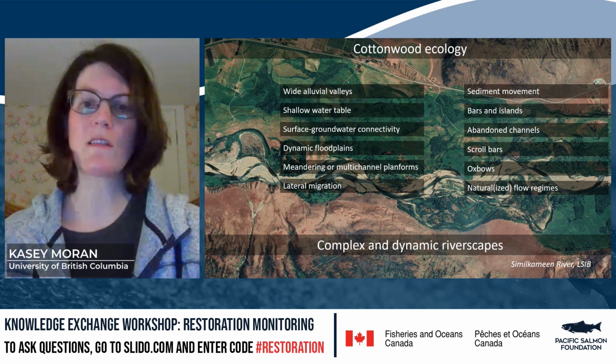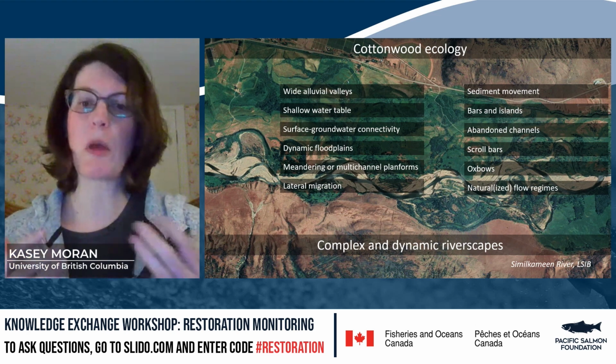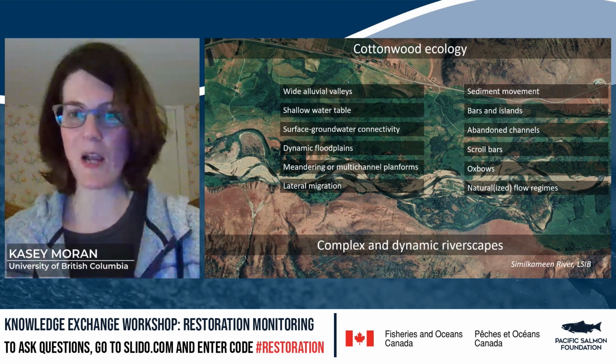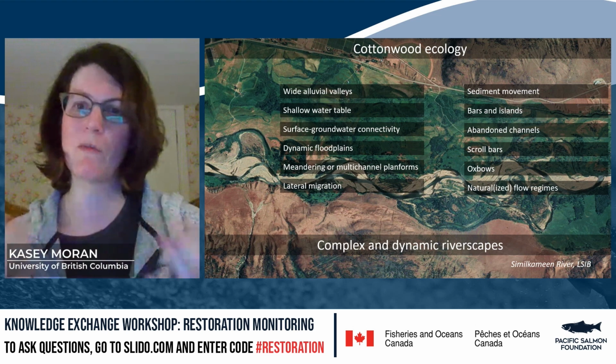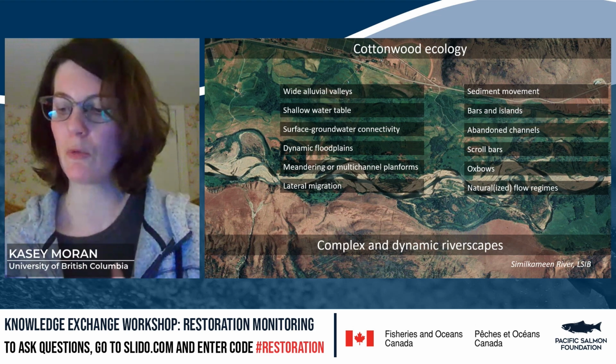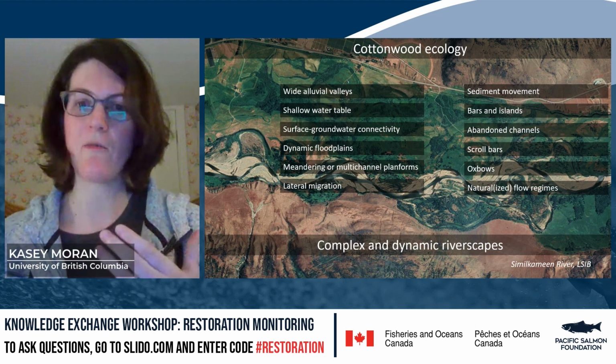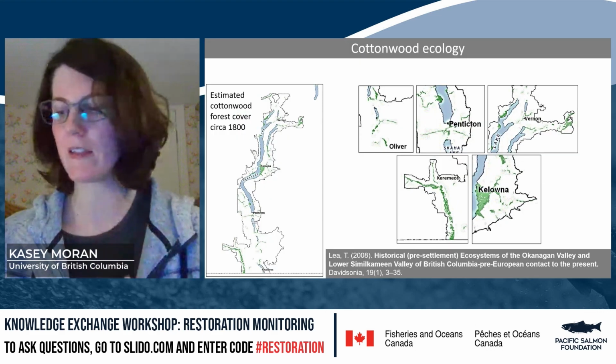So in other words, they really do depend on complex and dynamic riverscapes. So they're not just trees that you can plant along the river and have them function as normal. They're really integrated into these very complicated moving systems.